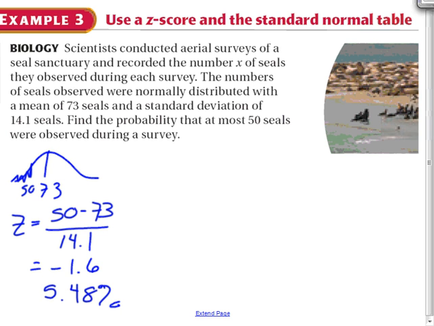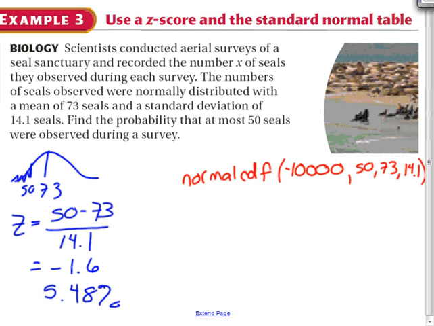Perfect. So now I go to my calculator, and I do my normal CDF. Low number, it keeps going forever in the left direction. So I'll do negative 10,000. That looks like a sufficient value. My highest value is 50. My mean is 73, and my standard deviation is 14.1.